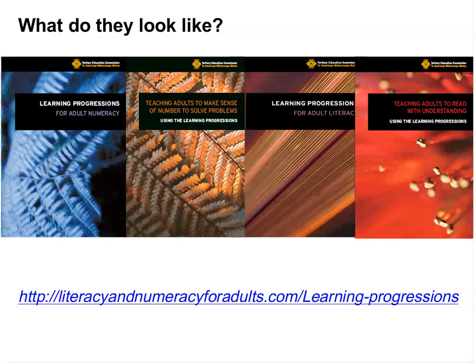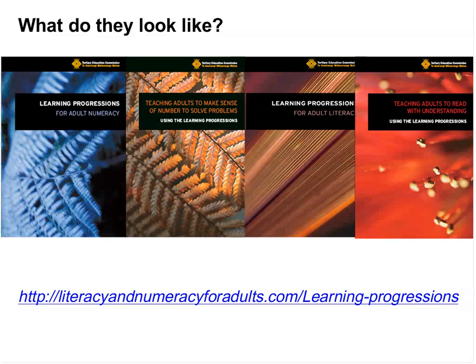There are a suite of 10 books. There's an introduction to the numeracy learning progressions and 3 numeracy resource books. There is an introduction to the literacy progressions and then 3 literacy resource books.